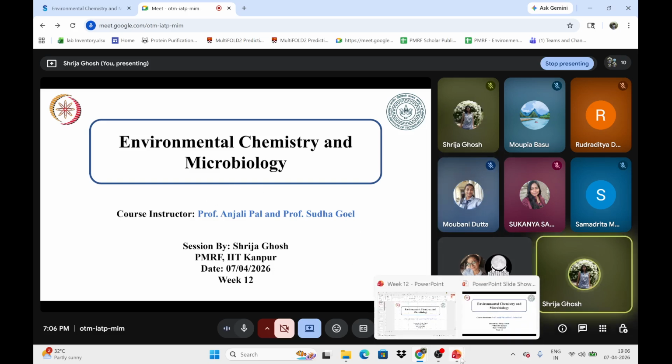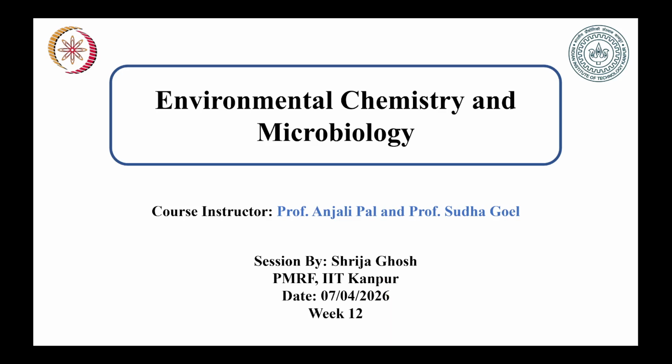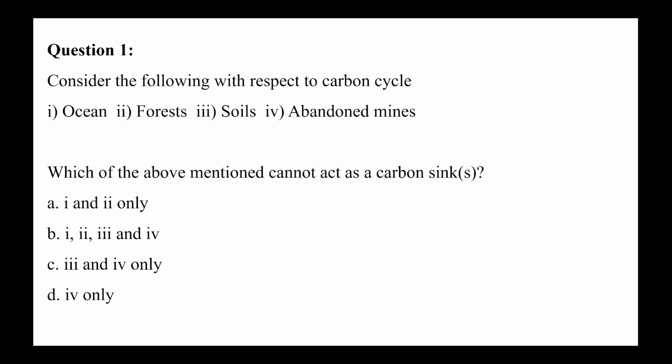Okay. Let's start today's class then. Starting with the first question. Consider the following with respect to carbon cycle: ocean, forest, soil, and abandoned mines. Which of the above mentioned cannot act as carbon sinks? So you have four different options: ocean, forest, soils, and abandoned mines.